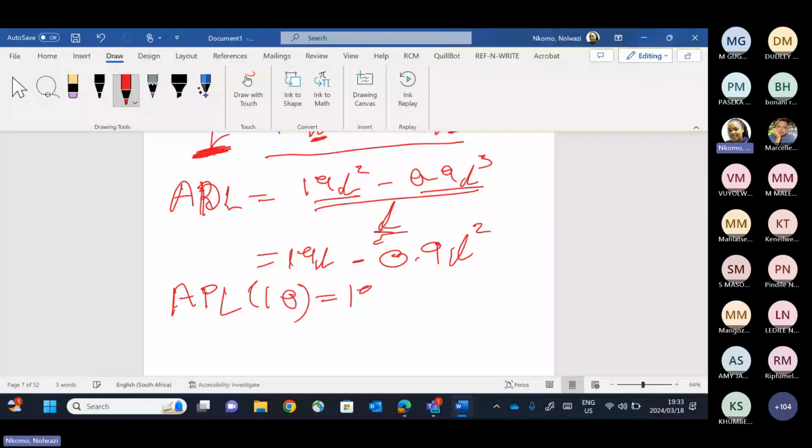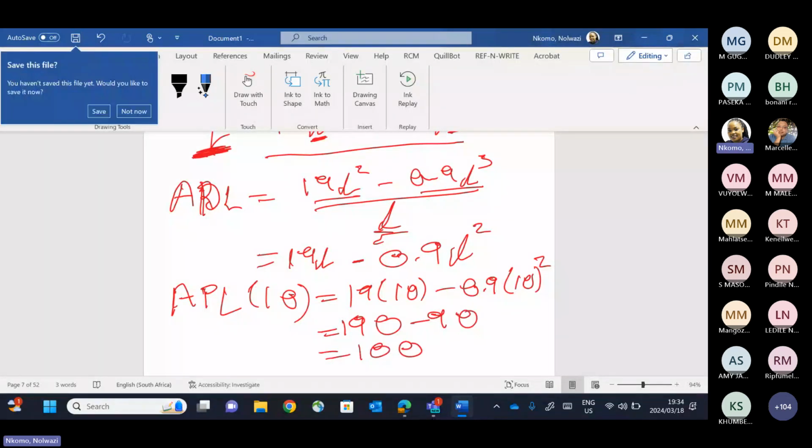This means we have 190 minus 90, and this gives us 100. Since the average production of labor is equal to 100 with 10 workers working daily, the average productivity per worker is 100 units.